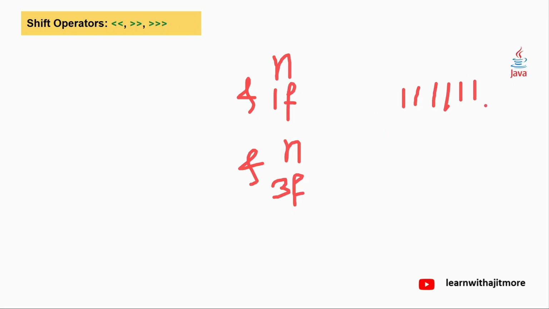So this becomes 63 if you take the total of it: 1, 2, 4, 8, 16, and 32. If you add them, it becomes 63. So you have to mask it with 63, and whatever result you get is your actual shift distance. Okay. So generally, if your n is less than 32, there is no need to find the shift distance. Or if it is less than 64 for long, no need to find the shift distance. It is going to remain the same.